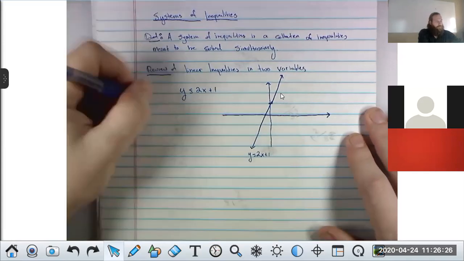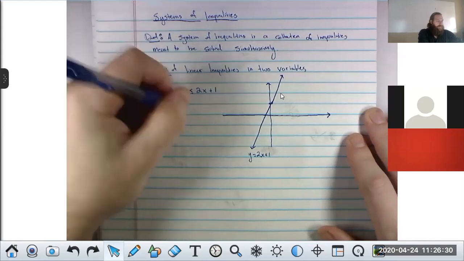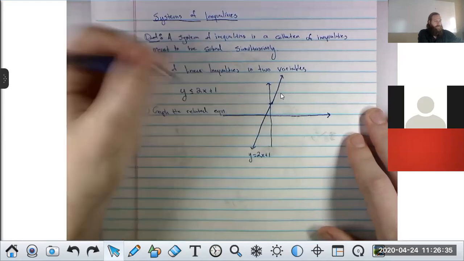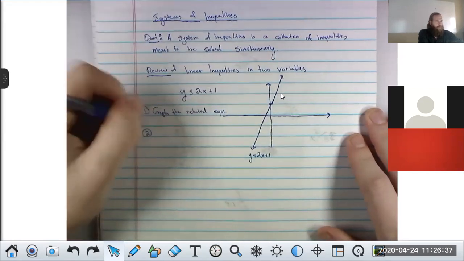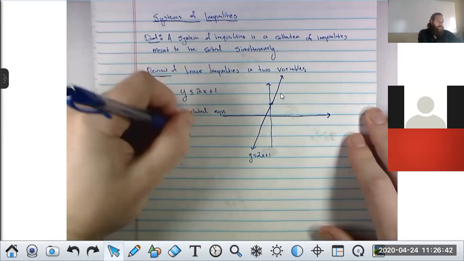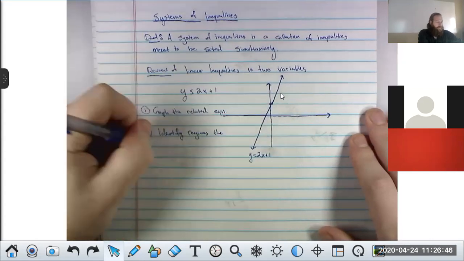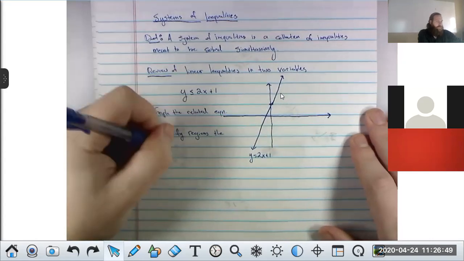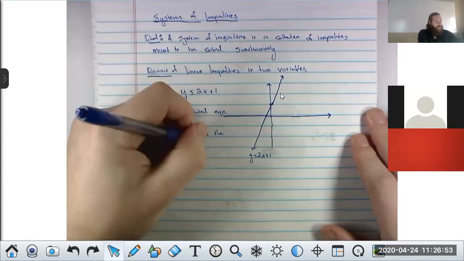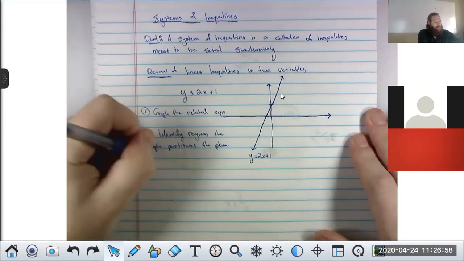But the way we solve these is first you graph the related equation, then you identify the regions the graph partitions the plane, or splits the plane, into.